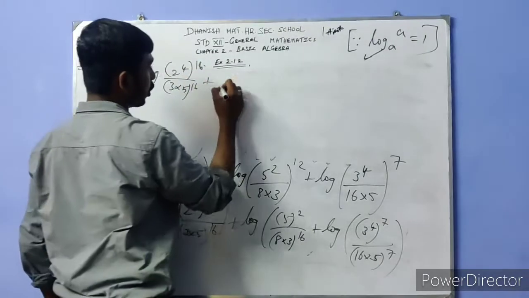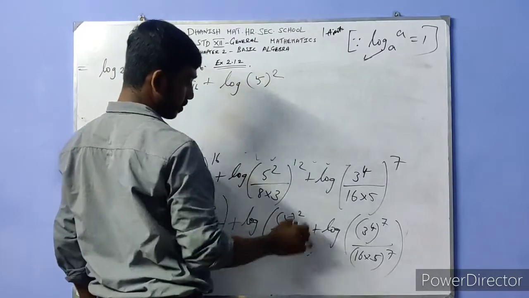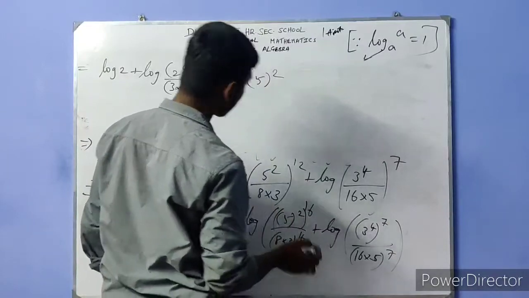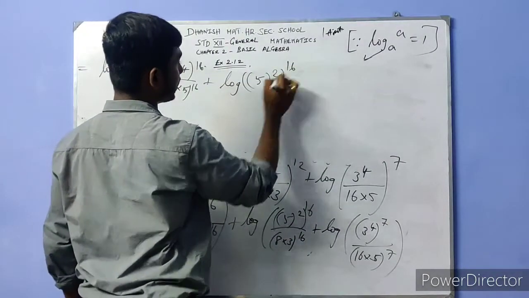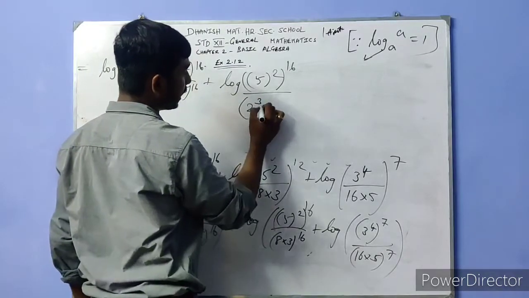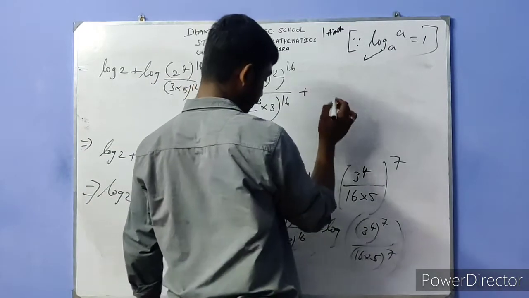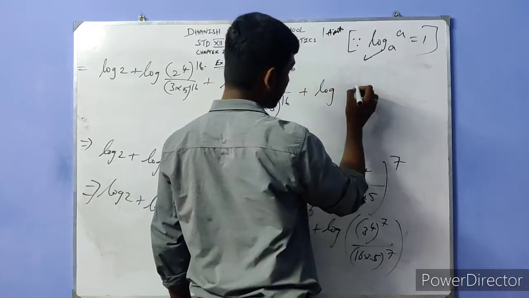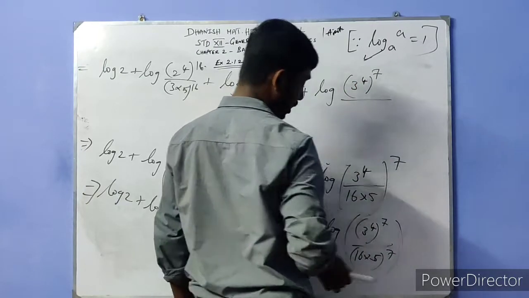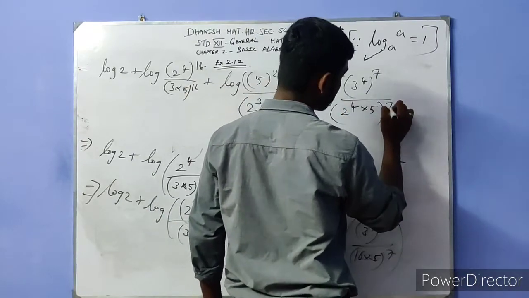So log 5 square power of 12 divided by, here 8, you have to write like this, 2 cube into 3 power of 12, plus log 3 power of 4 power of 7 divided by 2 power of 4 into 5 power of 7 here.